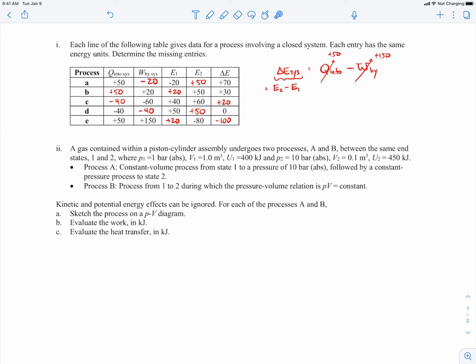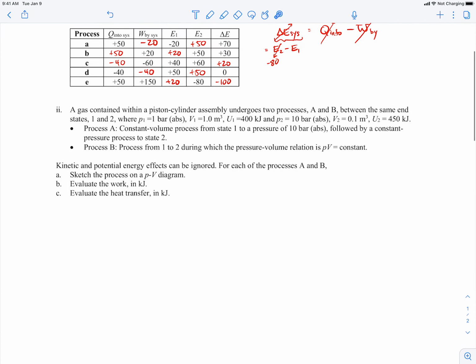So you can see quickly we have 50 minus 150, so the delta E will have to be minus 100. And now that we know this is equal to minus 100, we also know E2 is minus 80. So minus 80, minus 20 will give you a minus 100, and so that's where the 20 comes from. Okay, so hopefully all that makes sense to you, just manipulating the first law.